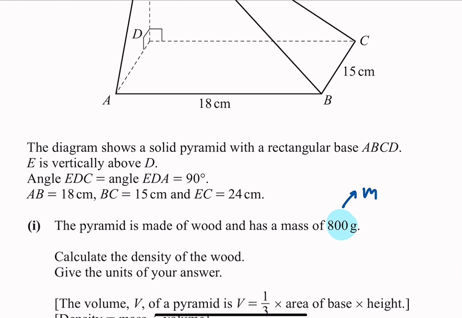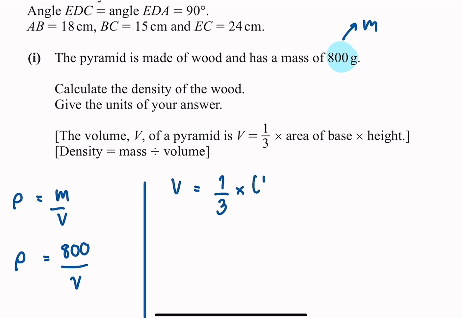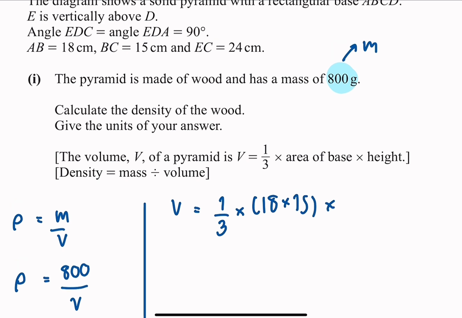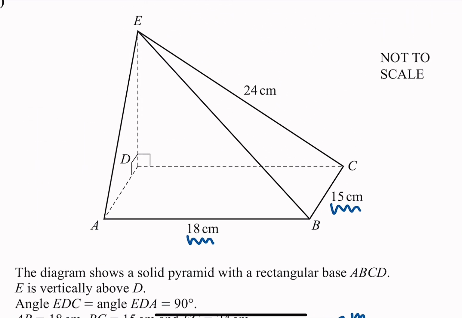The base area is 18 multiplied by 15. And the height, which is ED in this case.